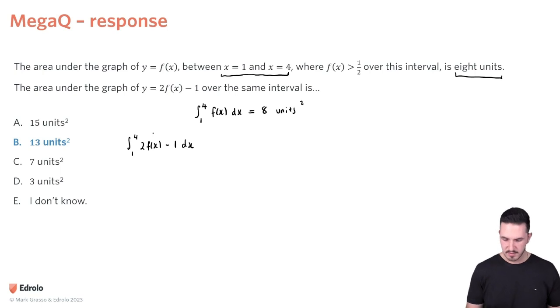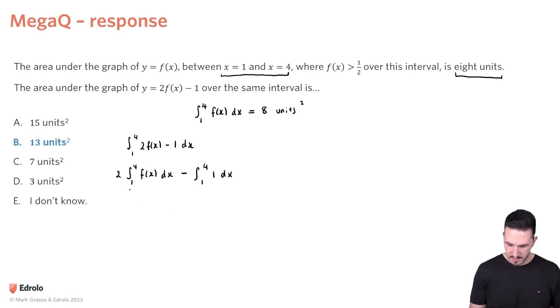So again, let's split this integral. We're going to have 2 times the integral from 1 to 4 of f of x dx, then minus the integral from 1 to 4 of 1 dx. You can recognize that we have been given the information for the integral of f of x between 1 and 4. That's 8. So this is going to become 2 times 8.